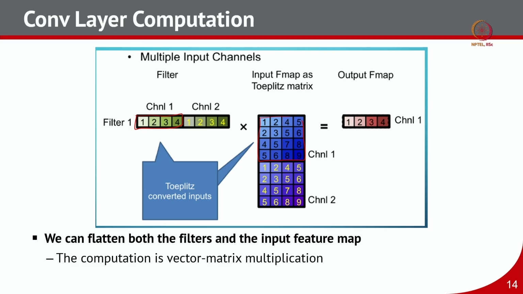So the first part is very clear. For channel 1 we have this 1 2 3 4, and then we already saw this flattened input feature map, right.